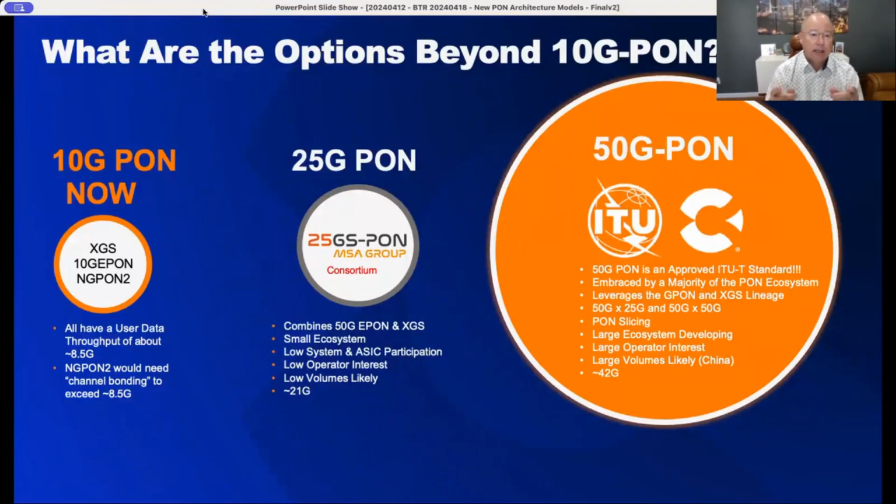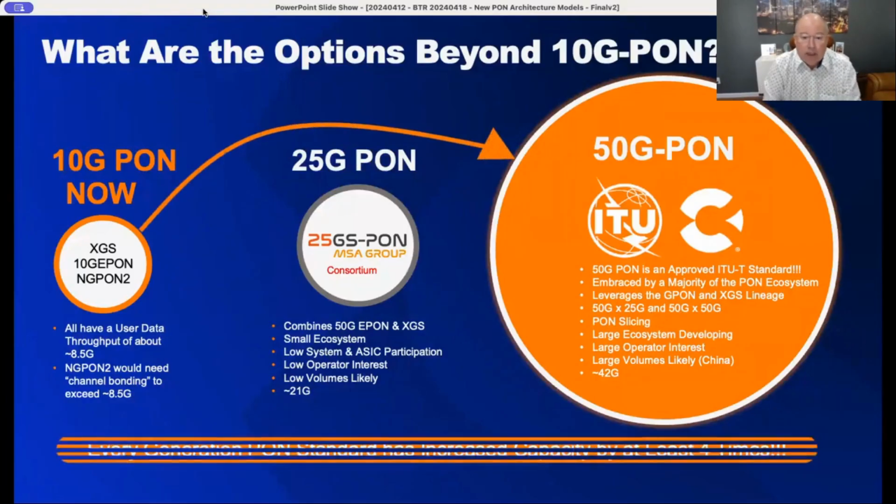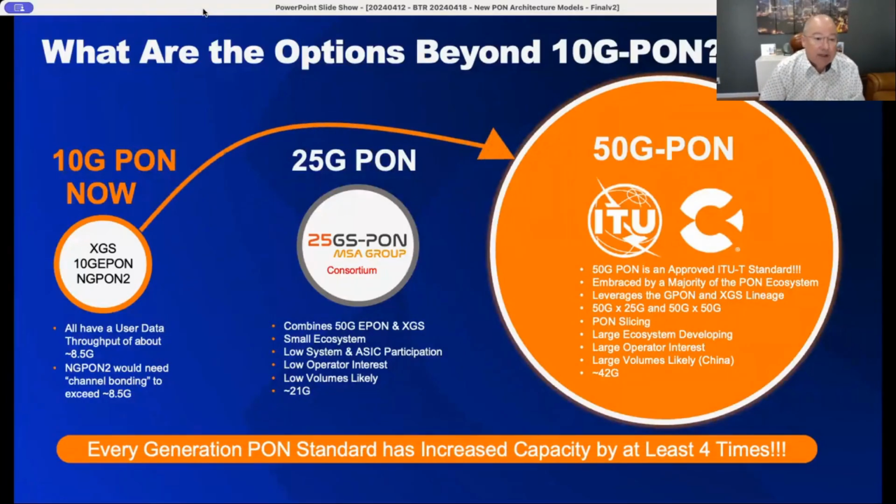One of the things that, and Kevin talked about this, about pricing. One of the things that drives PON pricing is the CPE. China has embraced 50 gig as their next generation PON technology. So that's why a lot of system vendors and ASIC vendors and even a lot of service providers worldwide are skipping that 25 gig.